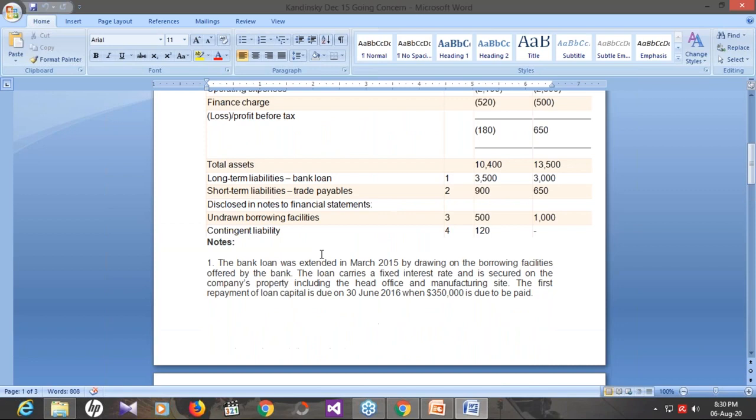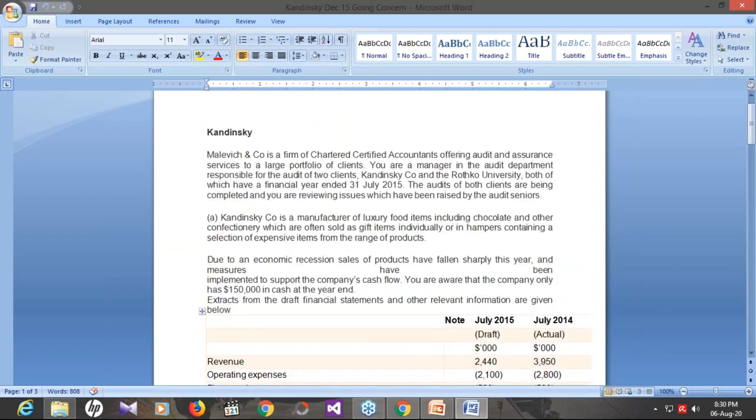I am hopeful that you would have understood the psyche of the examiner. Normally, the examiner asks you to identify the indicators or identify the factors that are relevant to the doubt over the going concern of the company, or they can ask you in part two to suggest some procedures to confirm the going concern of the company.